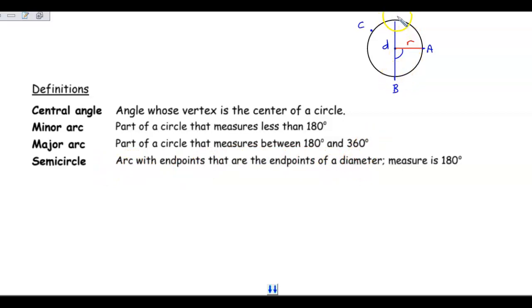So in this case, let's call this one E. Arc BCE or BE would be considered to be a semicircle, and the measure is always going to be 180. If it's 181, then it is a major arc. If it's 179, it's a minor arc. Semicircles are only 180 degrees.